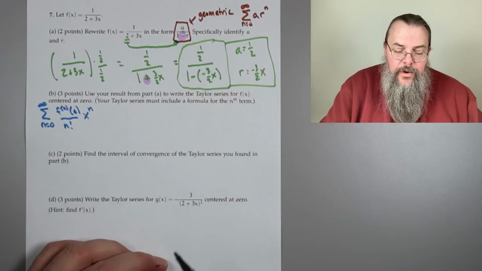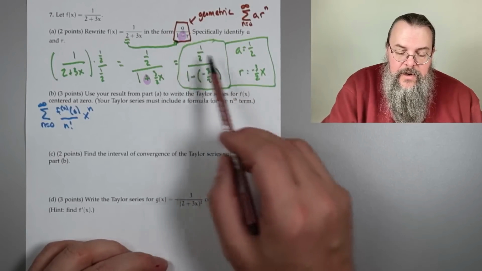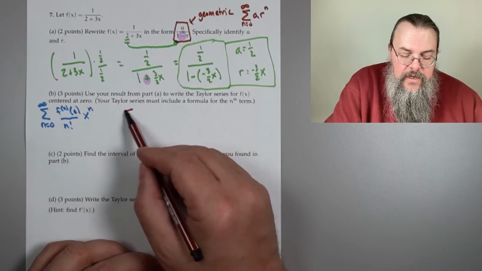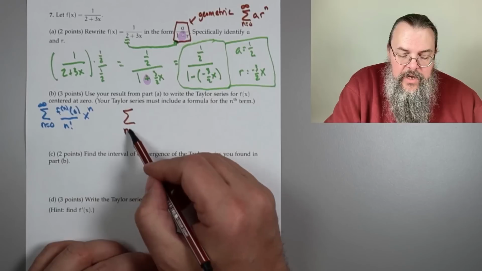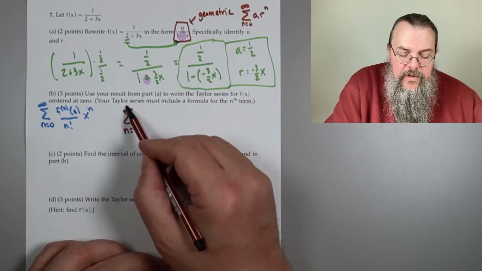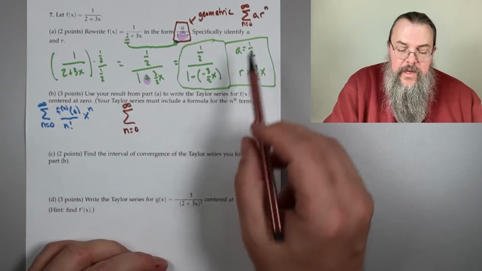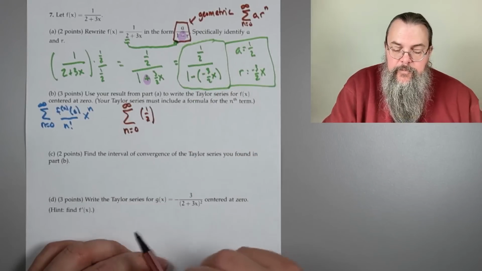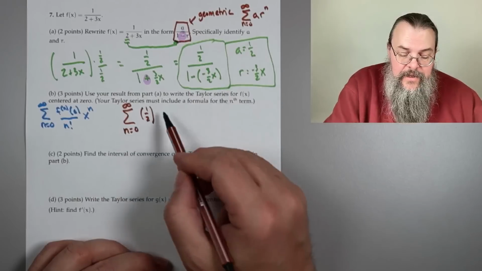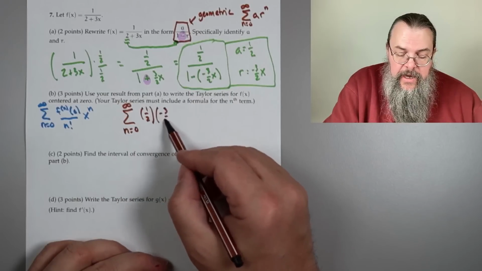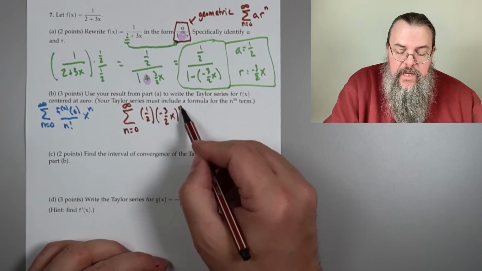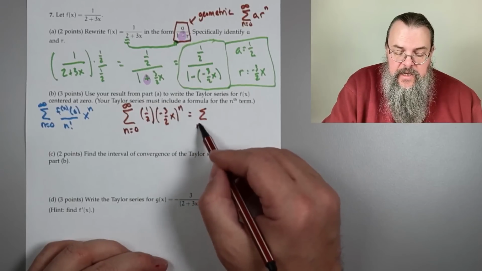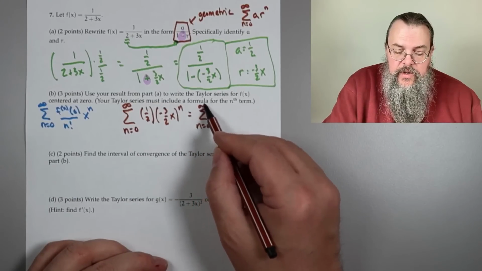So since we have a r to the n, what we'll do is plug in and say, hey, this is geometric, n equals 0 to infinity. And now we have our a, which is 1/2, and r to the n, minus 3/2 x to the n. And so this is our sum, n equals 0 to infinity.